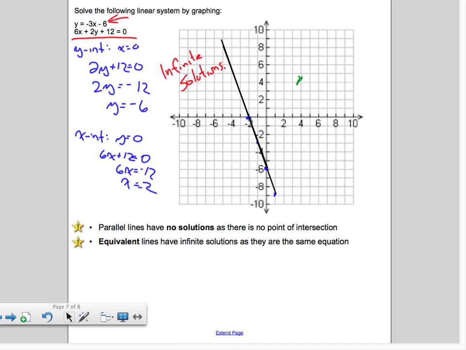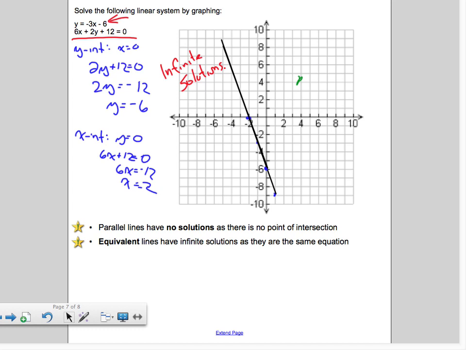That was the case with the gym problem from the beginning. There was no solution to that. There was no break-even point to that.